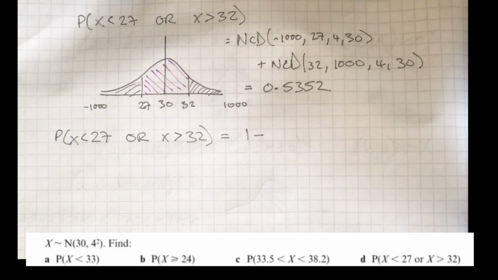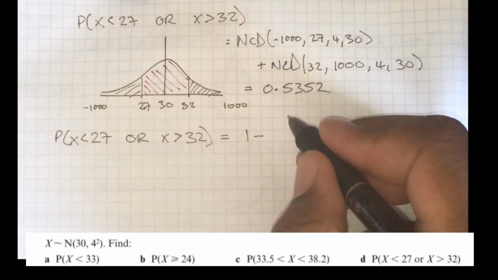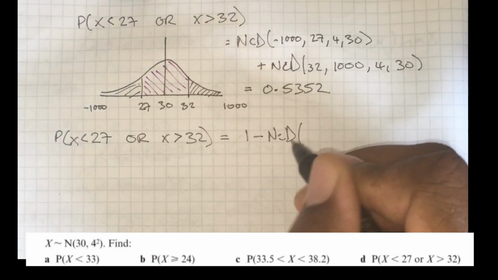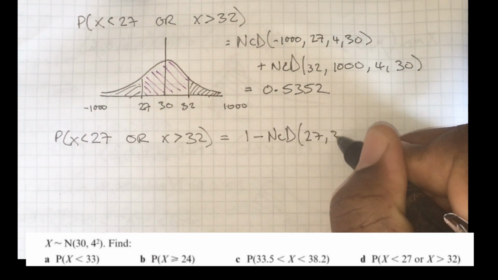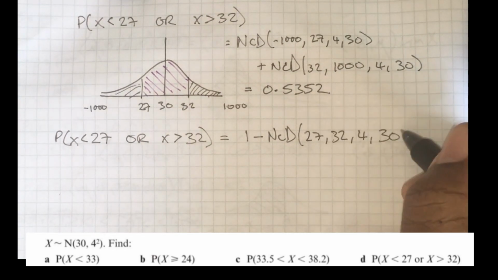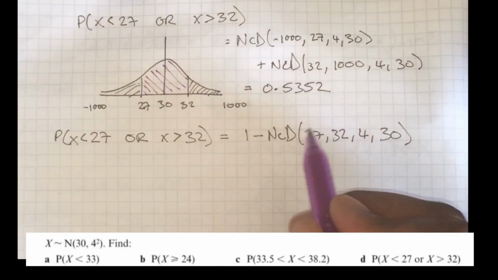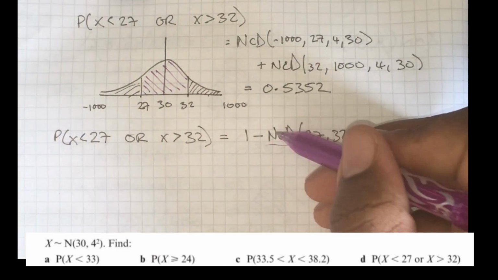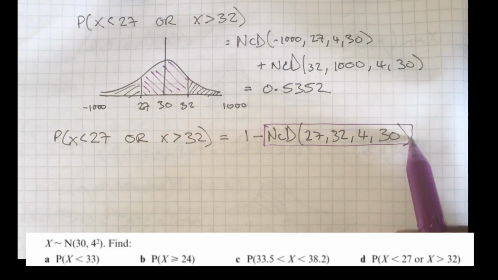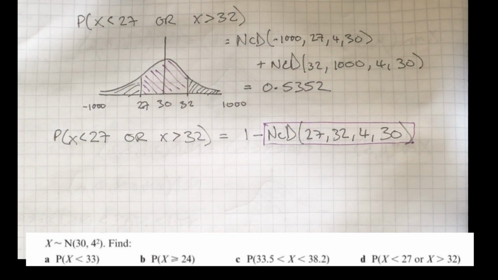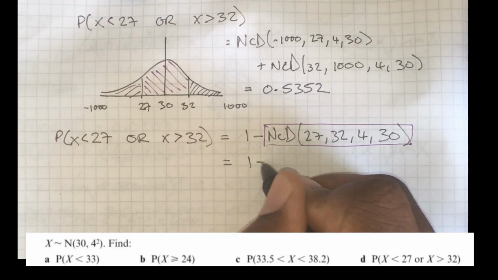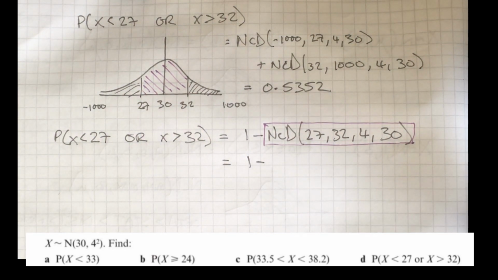So how about I shade this purple and we're going to do 1 minus the purple area. So it's 1 minus NCD 24, 32, 4 and 30. Okay, so that's going to be the purple area that I'm subtracting. I want you to be on the lookout for smart things like this that you could potentially do, which you wouldn't really notice, once again, if you didn't have the diagram.